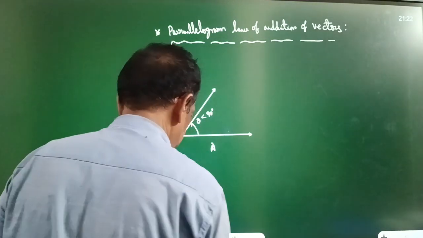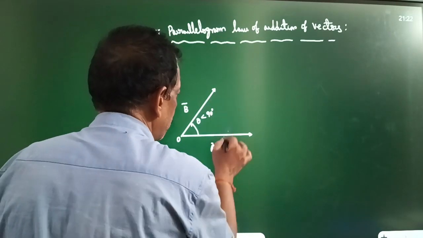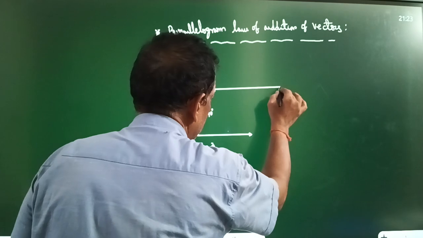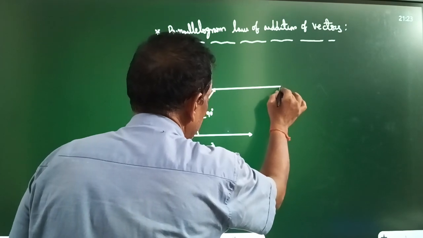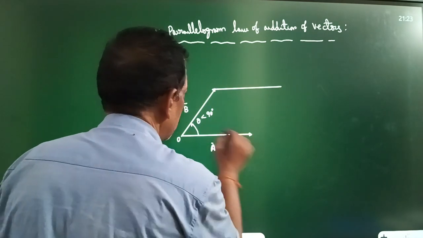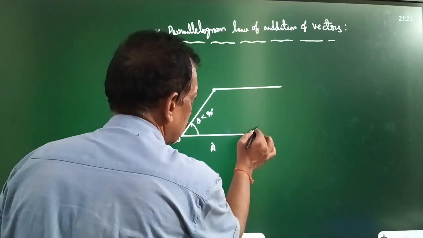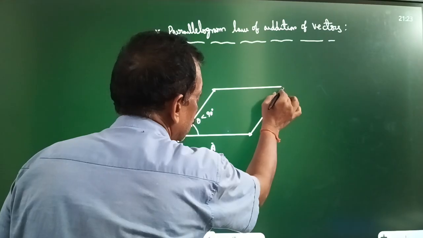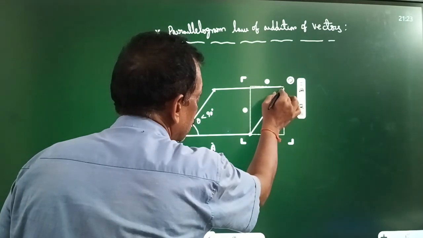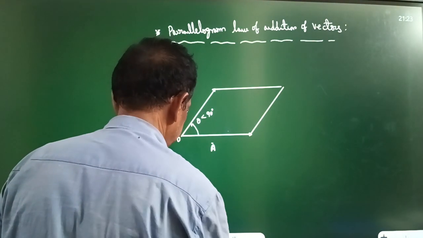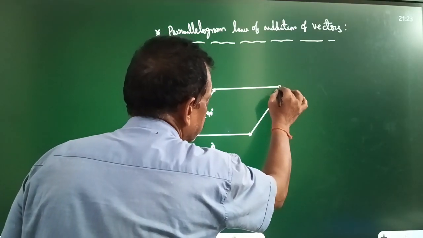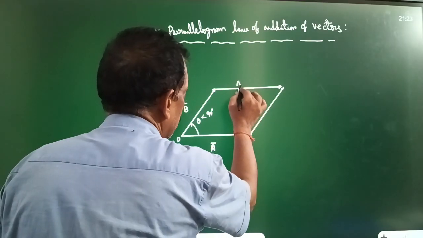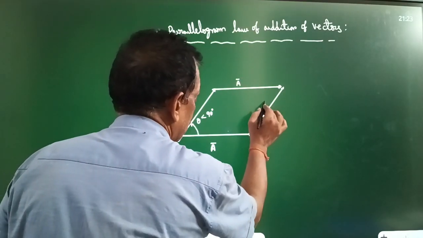Now, parallel to A you have to draw, and for B you have to draw parallel to B.